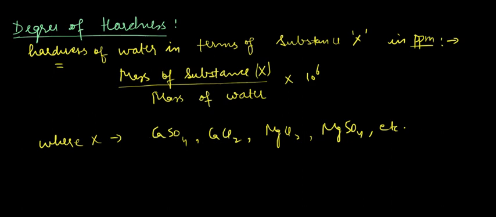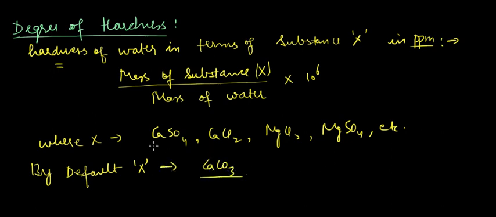By default we use X as calcium carbonate. If it is not explicitly written in terms of any of these, and you are directly told that the degree of hardness of water is, let's say, 5 ppm, then it is with respect to calcium carbonate. If nothing is said, you have to use X as CaCO3.